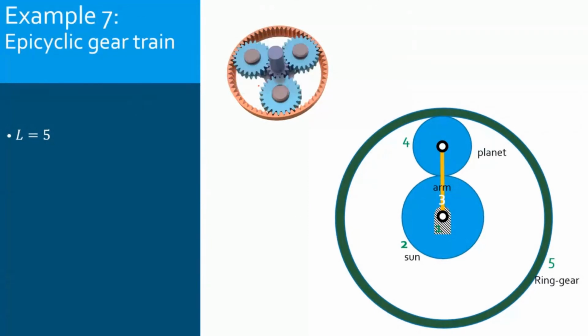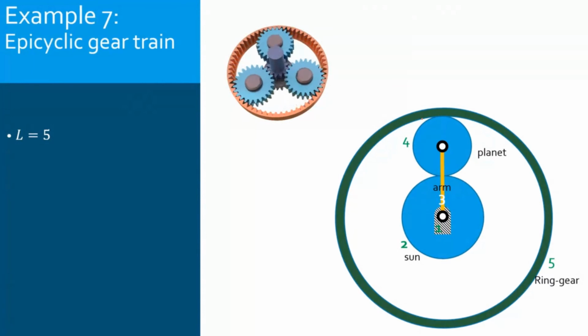Now, we have another outer ring gear, which is here in green. So I have the central gear, the sun, and the outer ring, which is called the ring for short. In between, I have another gear, which is called the planet gear.